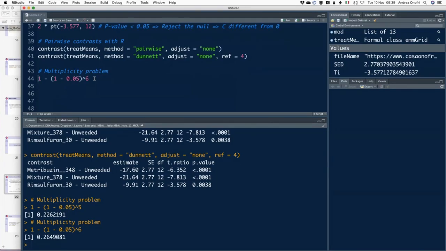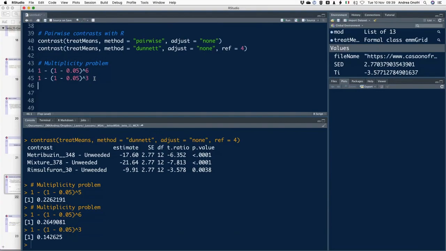Please note that if we do not make all pairwise comparisons, but we make comparisons against a control, our family-wise error rate is lower. It's 14%. So the number of comparisons we do matters. The more comparisons we do, the higher is the multiplicity problem.